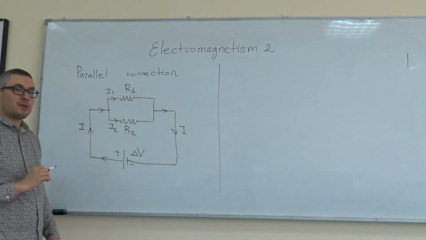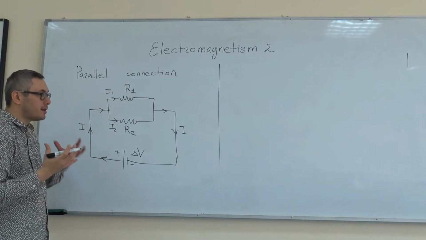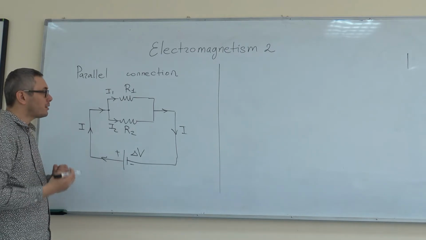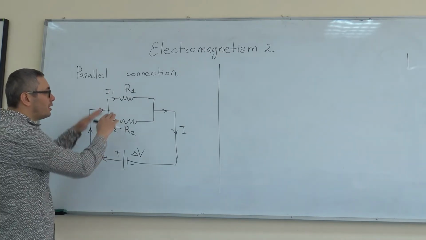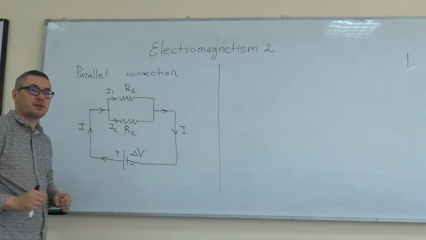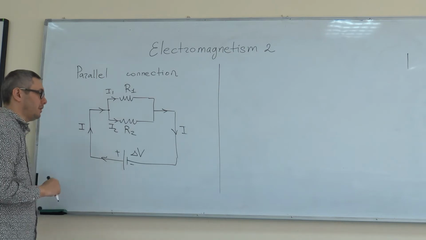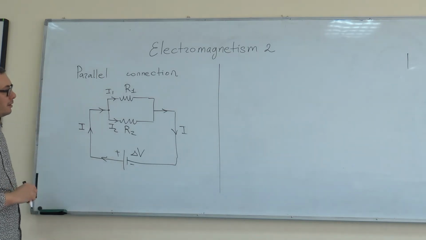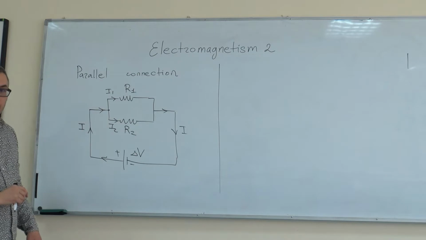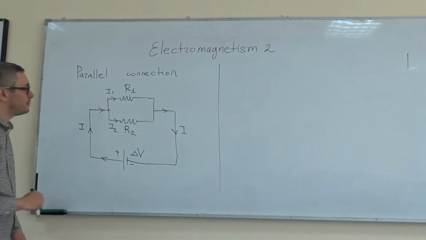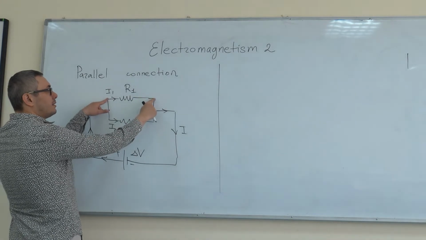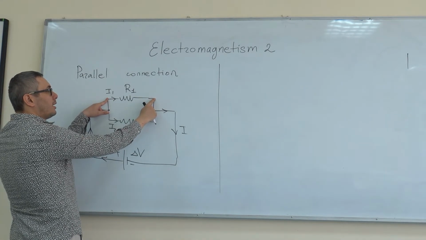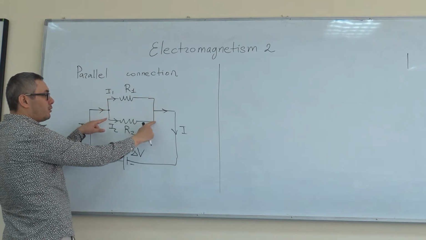Just as it was with the series connection, we want to find out what is that value of the resistance that will substitute this combination. Okay, this is what we're looking for. Now, we can realize one important thing here. The voltage drop between these resistors is the same as the voltage drop between this resistor.